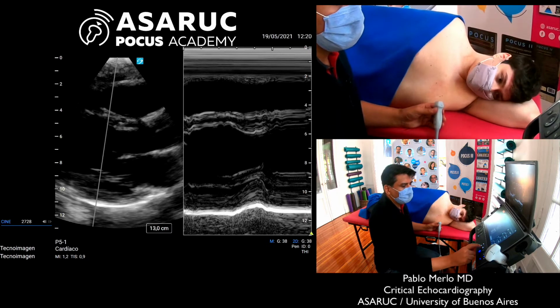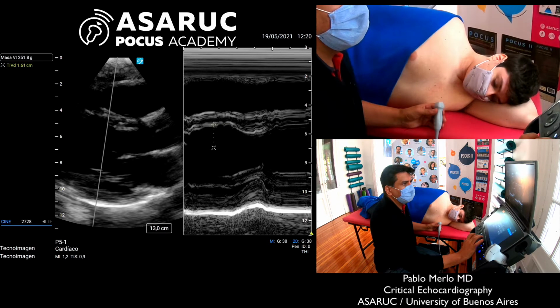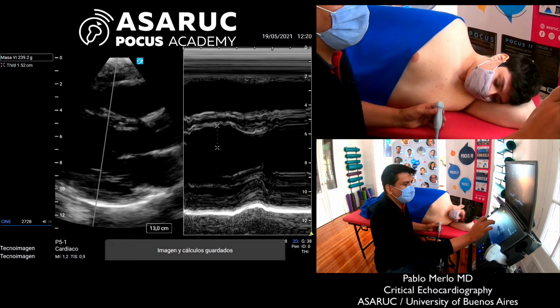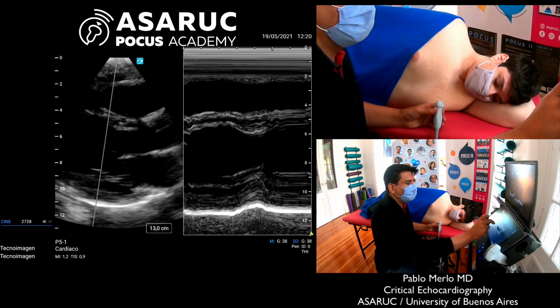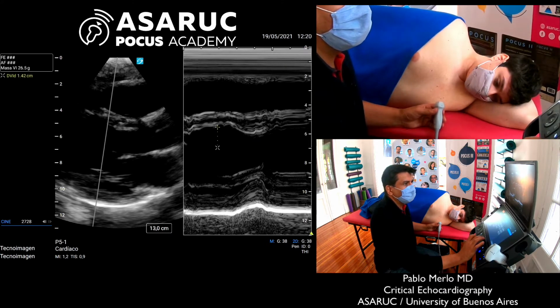On the right side image of the screen, we can measure the end diastolic diameter and the end systolic diameter. In B mode, this patient's end diastolic diameter was 48 millimeters, to which we can compare this new measurement. In measuring end diastolic diameter in M mode, the value that we get is very similar to B mode.